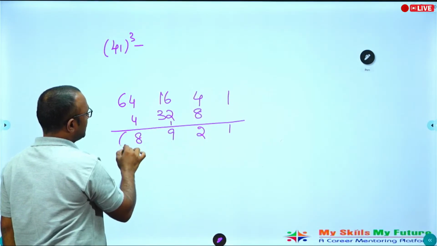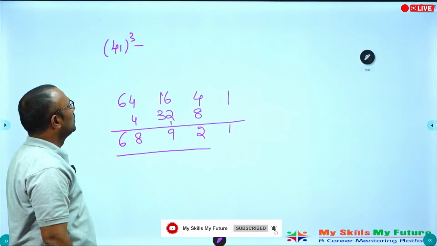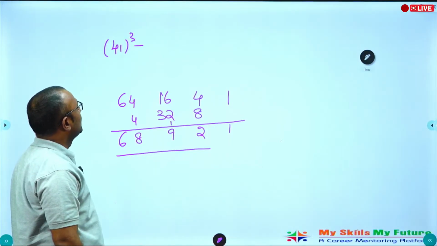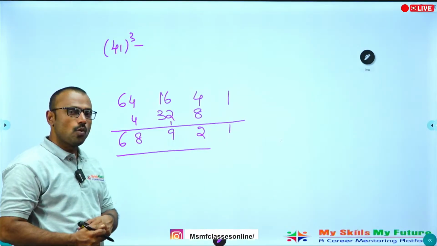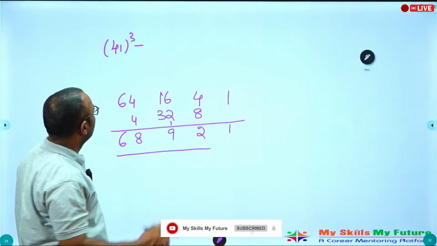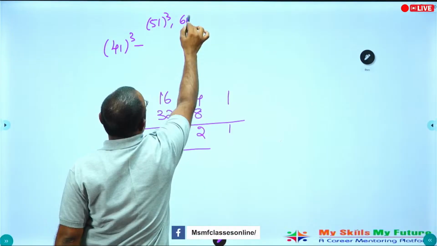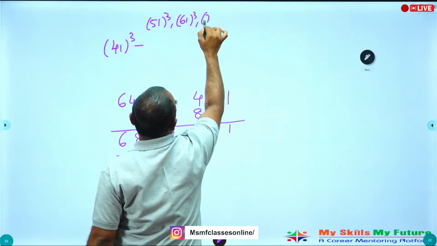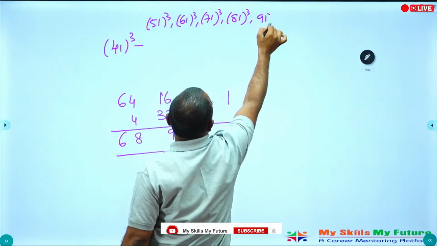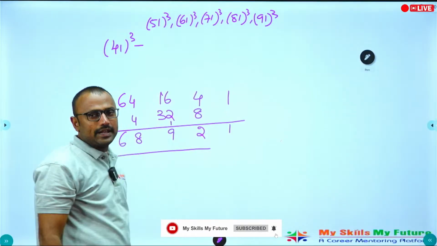So 68921. The cube of 41 is 68921. Next, in a similar way, you can find the cubes of 51, 61, 71, 81, 91.